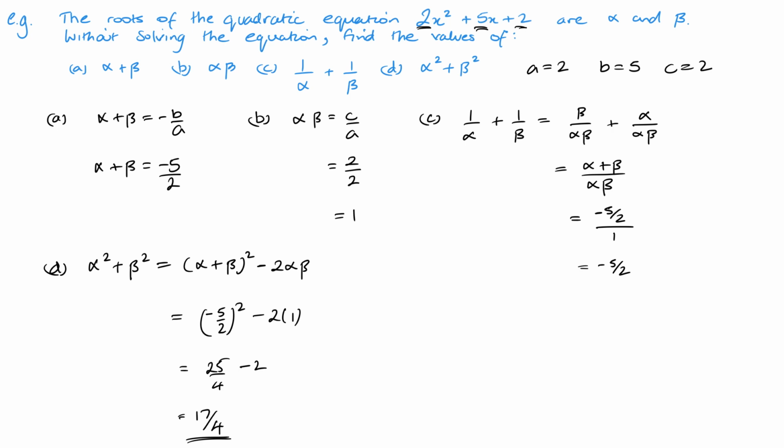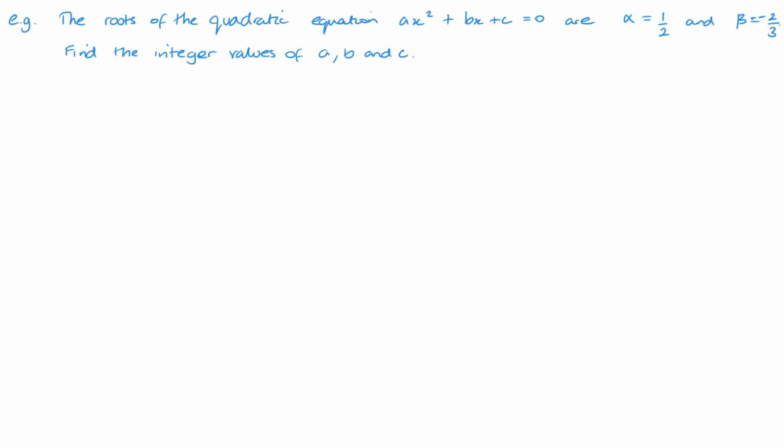Let's have a look at a different example. So for this one, we have an equation, but we don't know any of the values for a, b, and c, but we are told that they are integer values. And we have our 2 roots. So again, our starting place now is our alpha plus beta, and our alpha multiplied by beta.